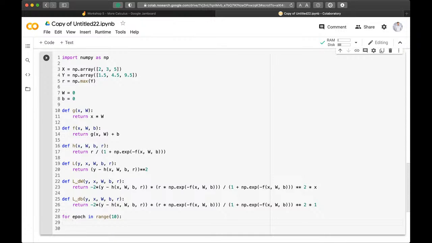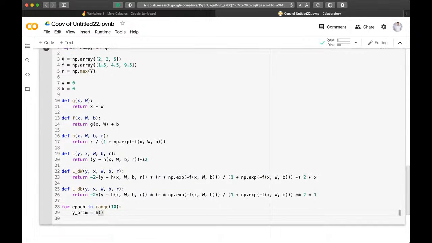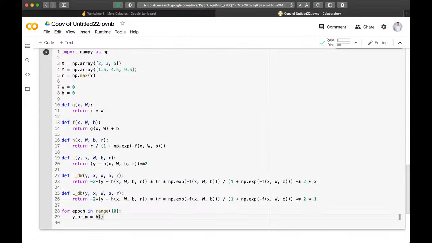So we generate, let's say, y prim. Now we can generate this directly from the h, right? So from the x, I mean, so we can use the large X here as the input. We can use the, so what else do we have there? You can use the v, b, right?